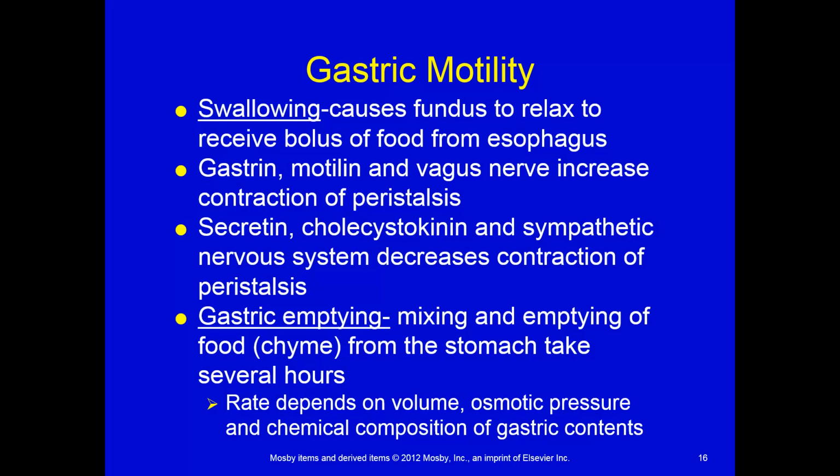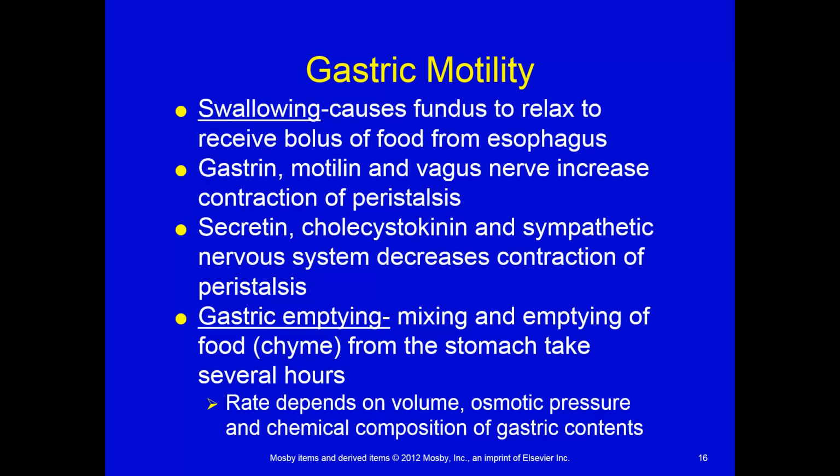situations. Okay, and then the other aspect of gastric motility is gastric emptying. So swallowing kind of fills it up, right? But then we have to be able to get that chyme and that bolus of food out of the stomach as well. So gastric emptying is the mixing and the emptying of the chyme from the stomach into the duodenum, which can take several hours.